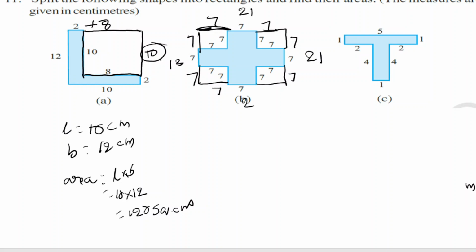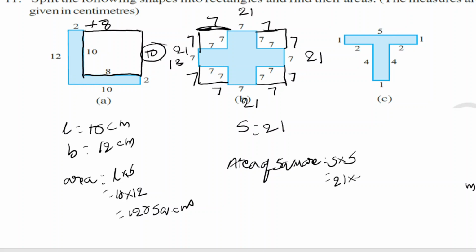Each side is given as 21 centimeters. So here side is given as 21 and area of the square is equal to S into S, that is equal to 21 into 21, that is equal to 441 square centimeters, because the measures are given in centimeters.